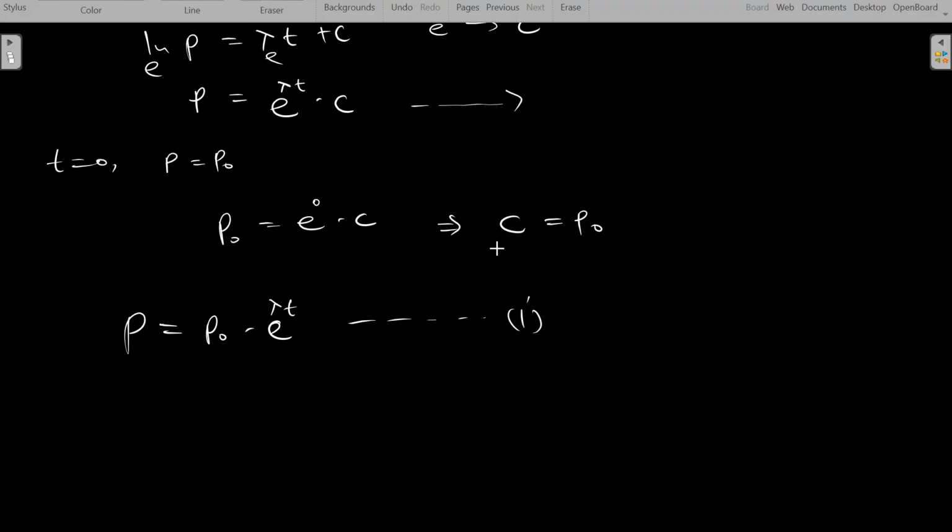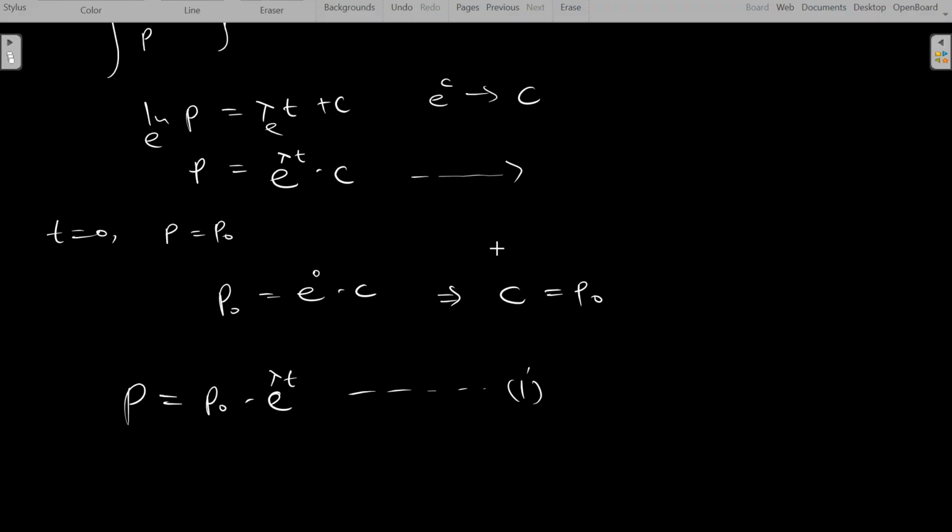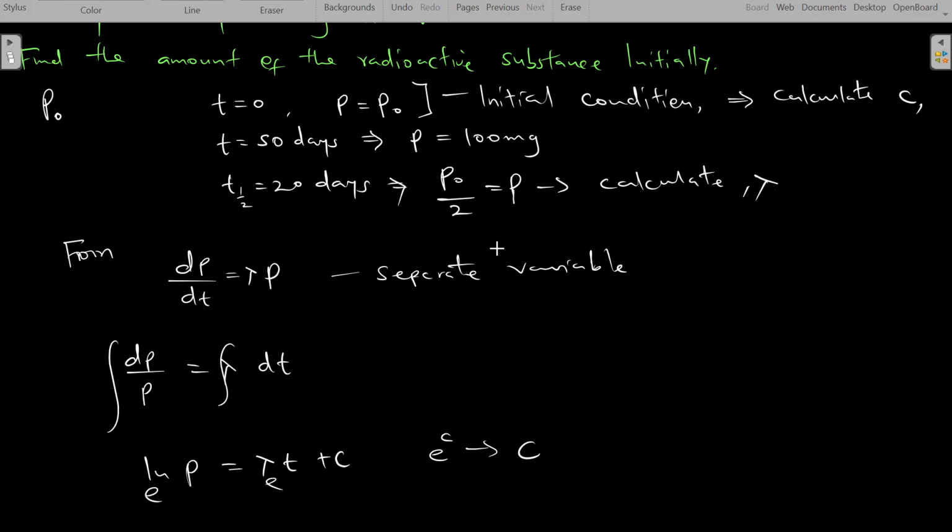So first, to solve for k, we should include this condition here where we are having the half-life. Okay, so we are saying P equals P0 divided by 2 after a certain period of time, which is 20 days.